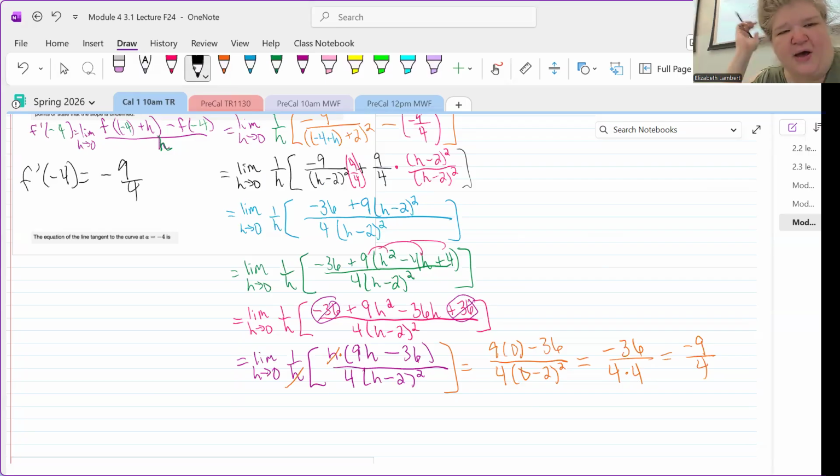So the slope of the tangent line at -4 is -9/4. Pure coincidence that the slope of the tangent line is the same as the output value of the function.